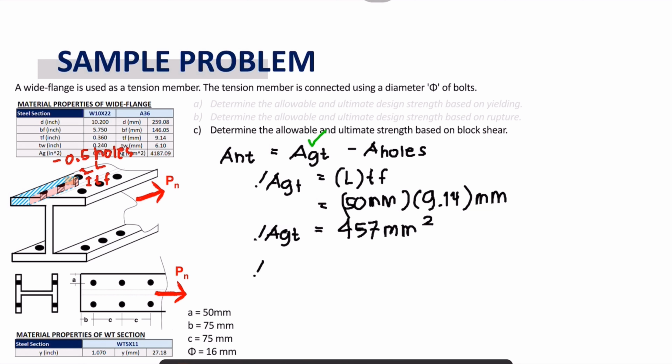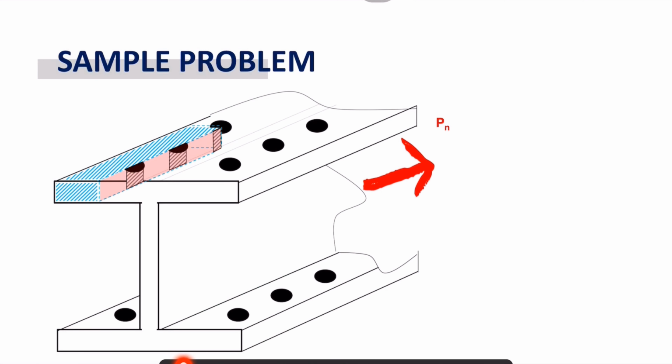So, yung area of holes natin, bibilangin lang naman natin doon sa ating tension side. So, makikita natin doon sa tension side, kalahati lang po yung kailangan nating hole. So, therefore, our area of hole would be this one. So, that would be the effective.